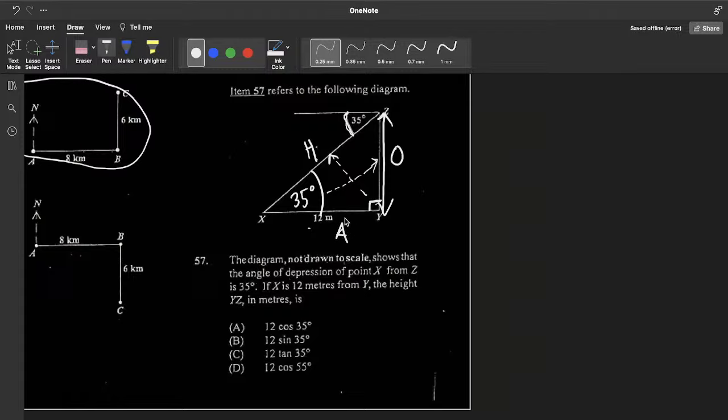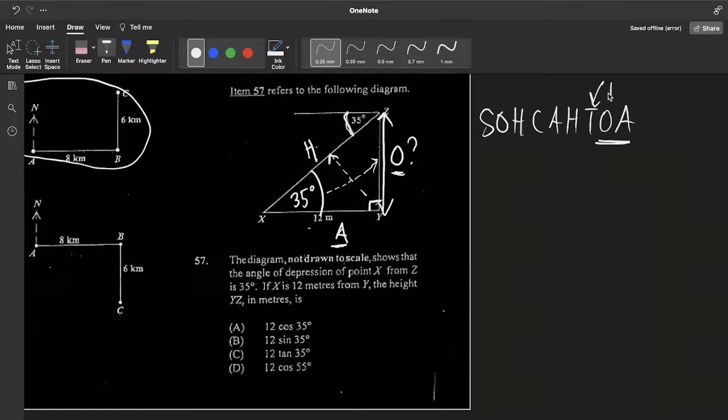Alright, so right now, they want us to figure out what this over here is. We do not have a length for the hypotenuse, so we use the length that we have for A, which is 12. So if we are using A and O from SOHCAHTOA, what uses O and A?